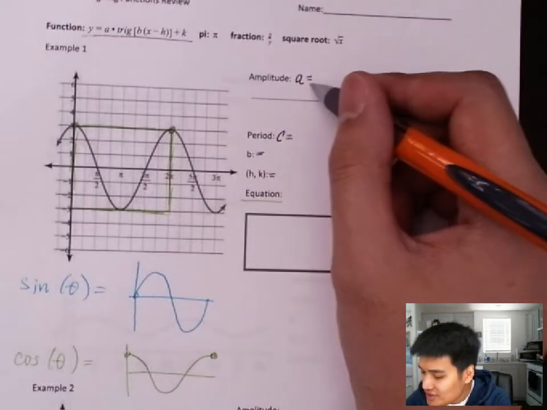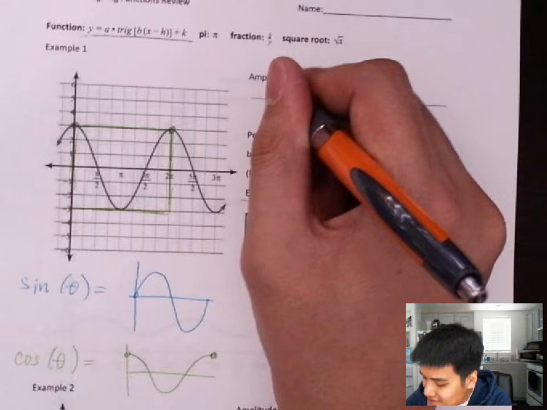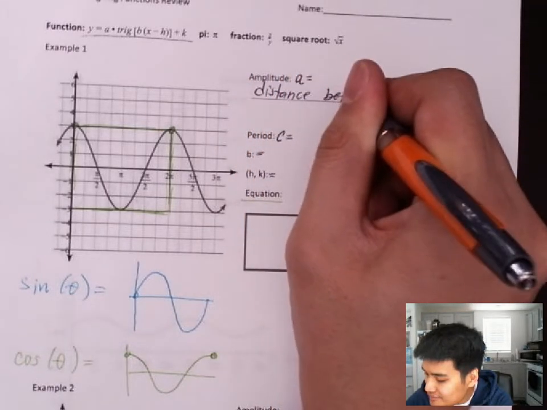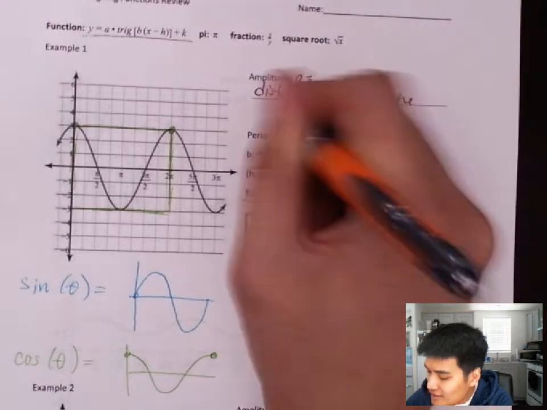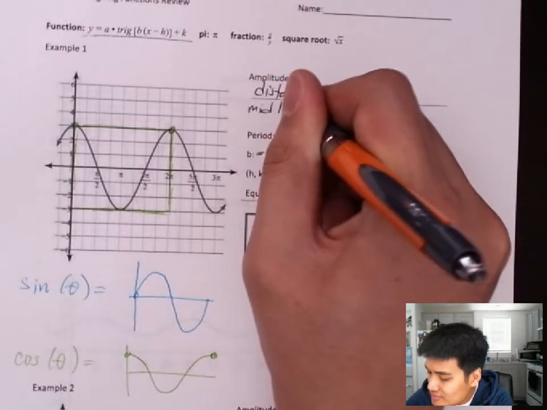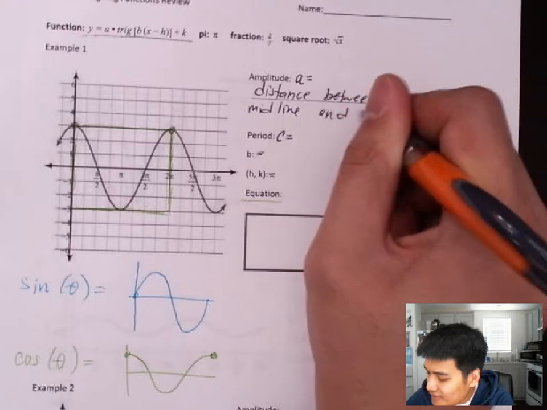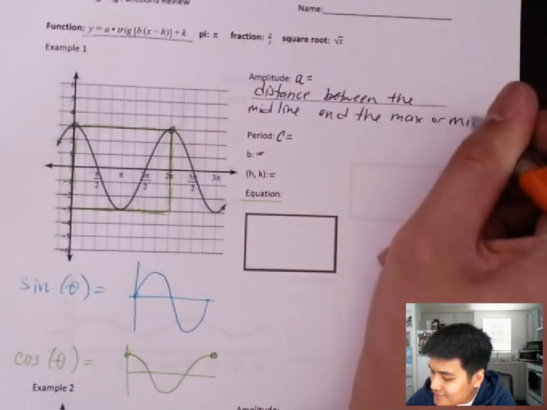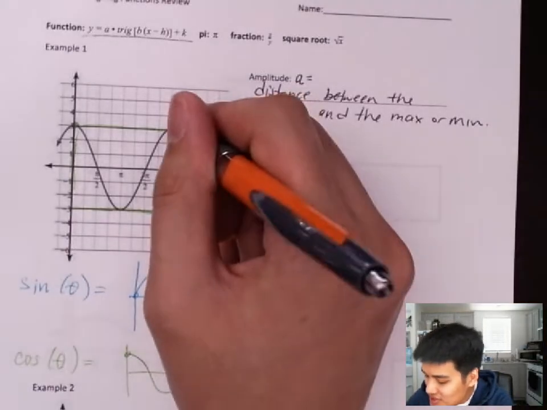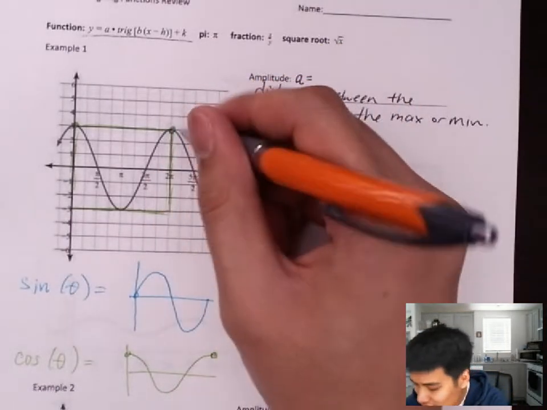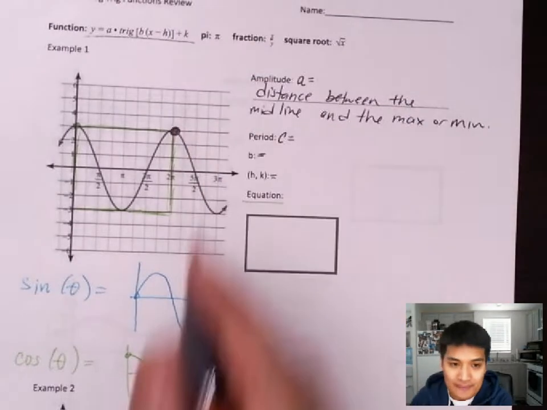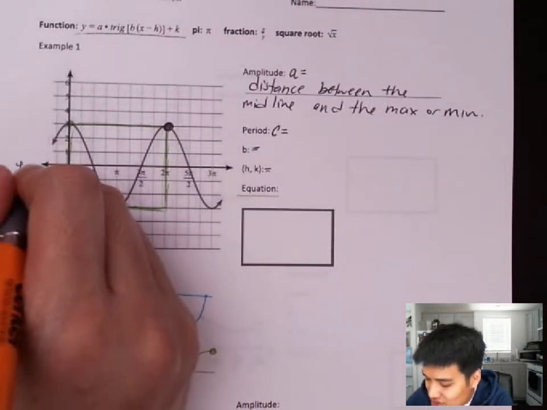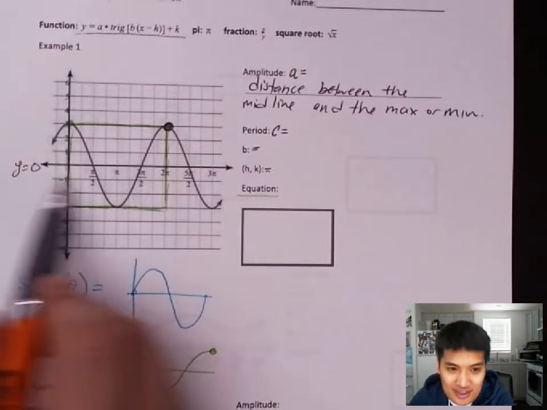So first things first, amplitude here is the distance between the midline and the max or minimum value. So what that represents is, if this is the maximum value here, and as you can see, the midline happens to be at y equals 0, so that is coincidental here.